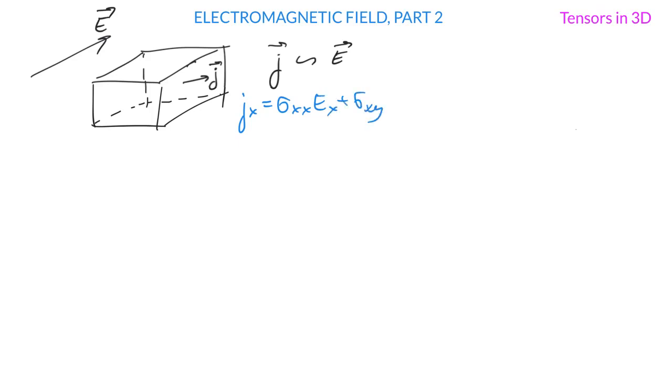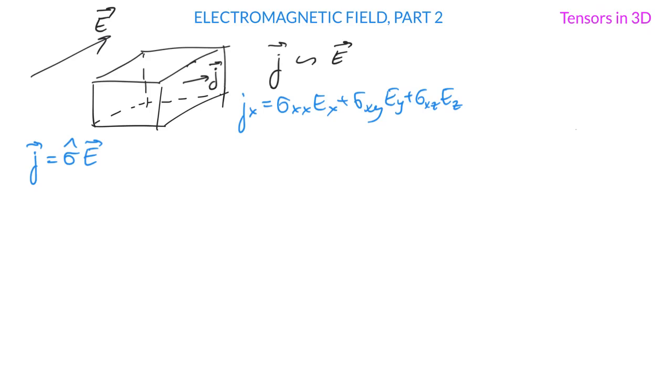So we can introduce the material parameters sigma xx, sigma xy, sigma xz that give this connection, and you can do this for the other two components too. Now, this can be compactified in the form of a matrix. So we write J as matrix sigma times E. This is the most general linear relation.